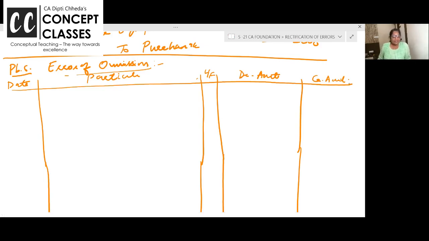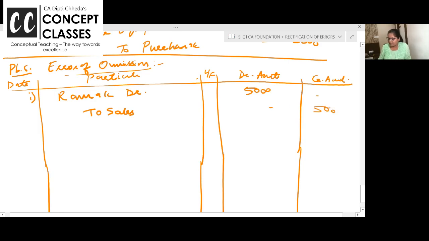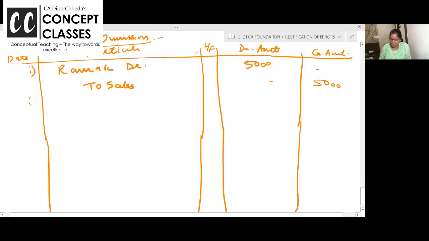First entry. Credit sales of 5,000 to Ram omitted to be recorded. So record it. Ram account debit the receiver. To sales credit, stock is going out and it is your income. 5,000. Ram to sales.